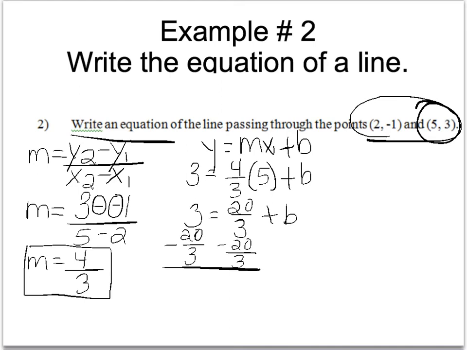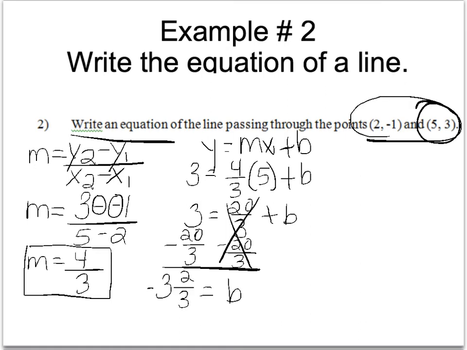And we always have to do things on opposite sides of the equal sign. And 3 minus 20 over 3 will give us b equals negative 3 and 2/3.